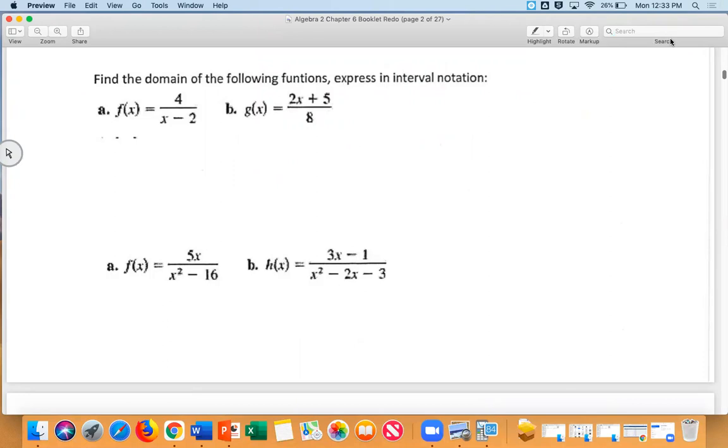Let's try and do A without a calculator, okay? First thing we need to do, let's look at that denominator, right? X squared minus 16.